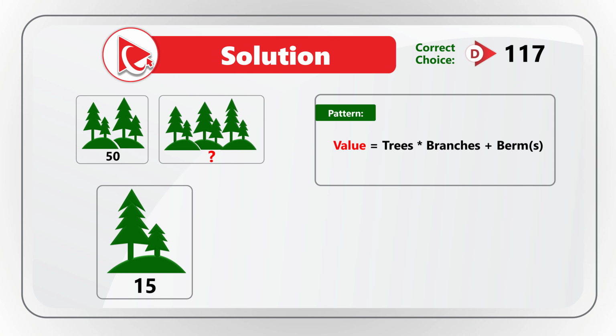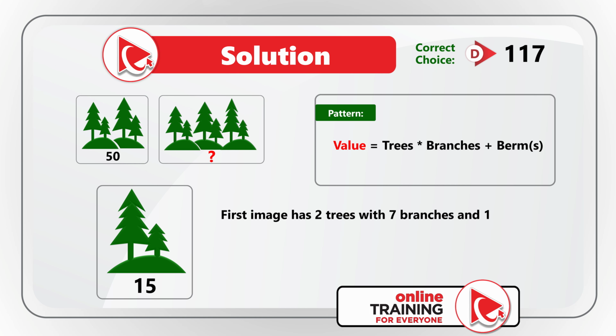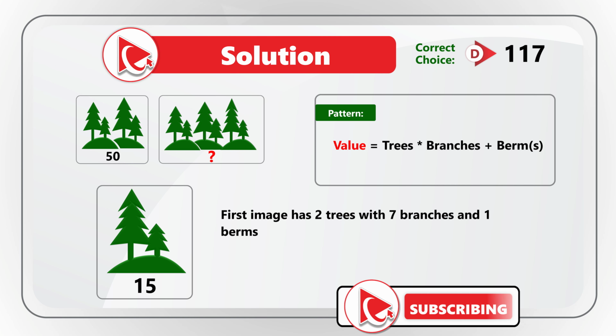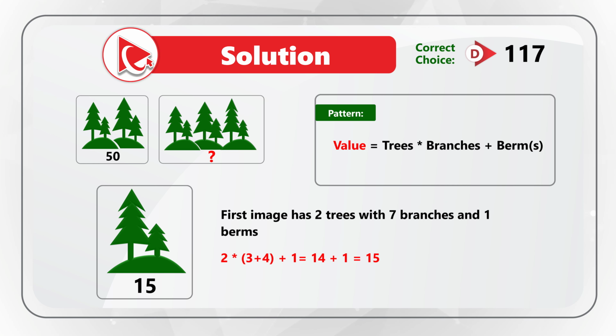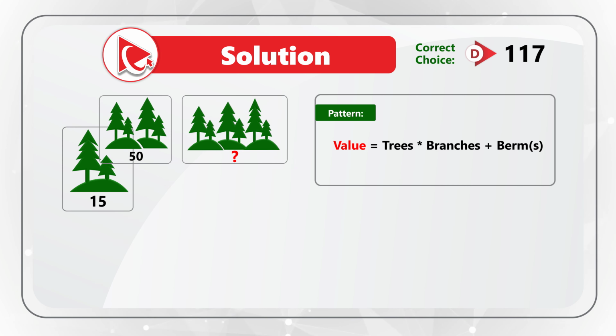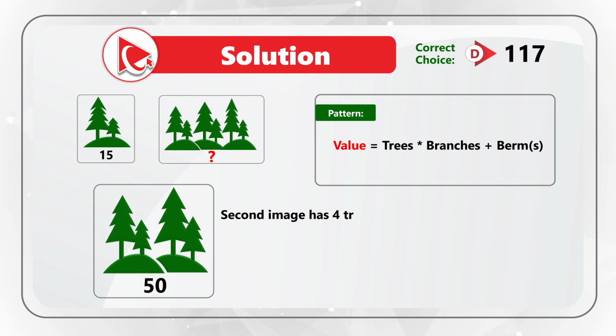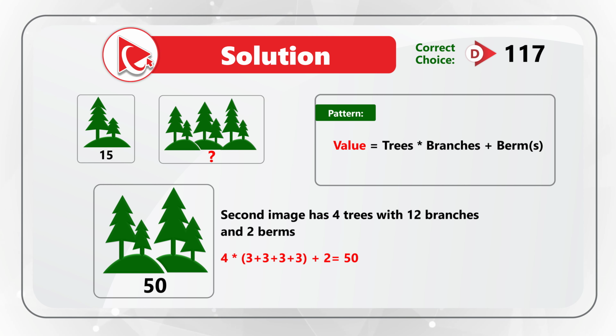The first image has 2 trees with 7 branches and 1 berm, and the calculation would be 2 multiplied by (3 plus 4) plus 1, which is equivalent to 14 plus 1 equals 15. The second image has 4 trees with 12 branches and 2 berms, and the calculation will be 4 multiplied by (3 plus 3 plus 3 plus 2), and then you add 2 to the calculated value.